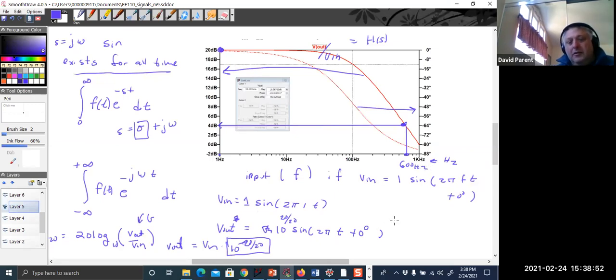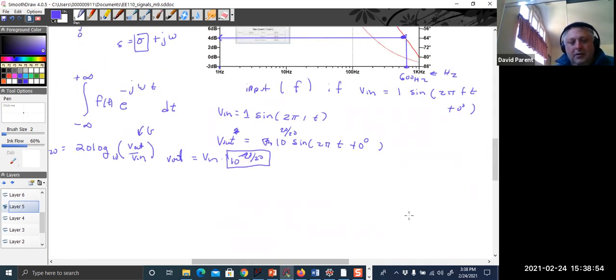So V out at 600 hertz is going to equal V in, which was 1, scaled now by 10 to the 4 divided by 20, times the original sine wave, 600 hertz though.